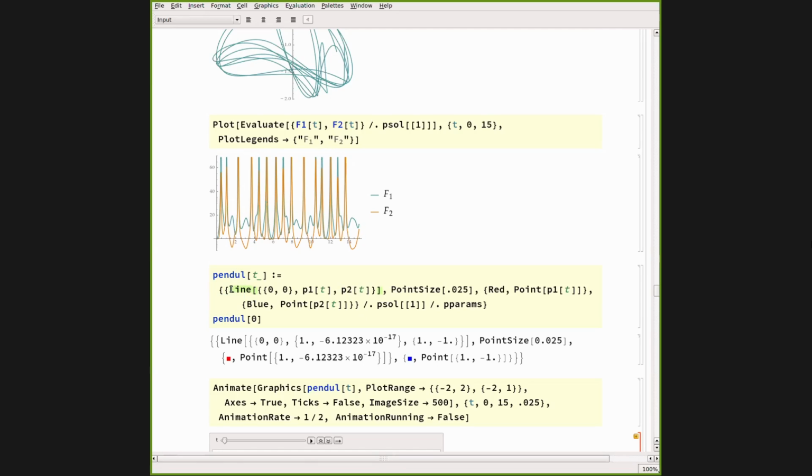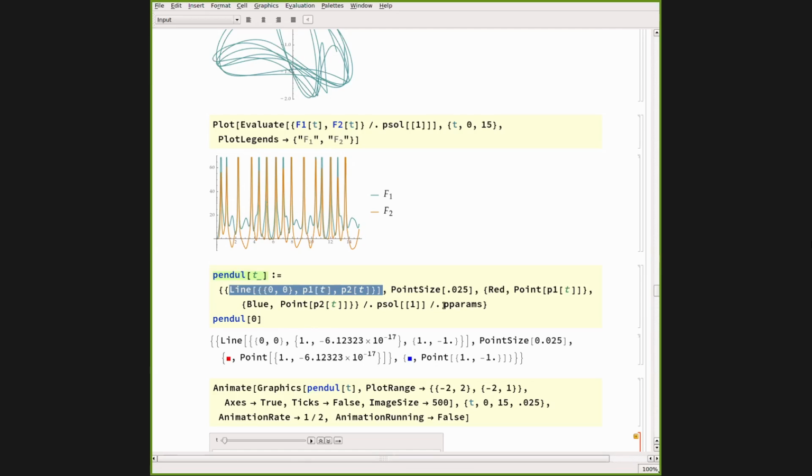Apart from this line, which could be enough for the very beginning of the animation, I have added 2 points of some diameter, one red and one blue, to show where exactly my masses are.